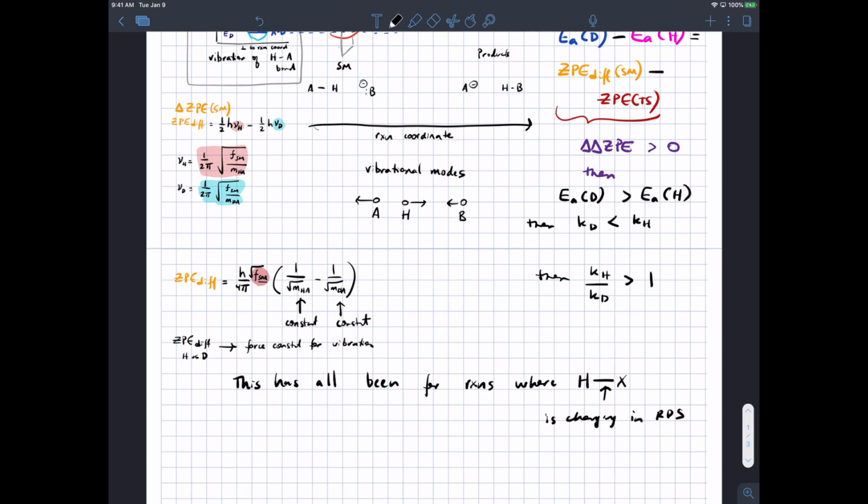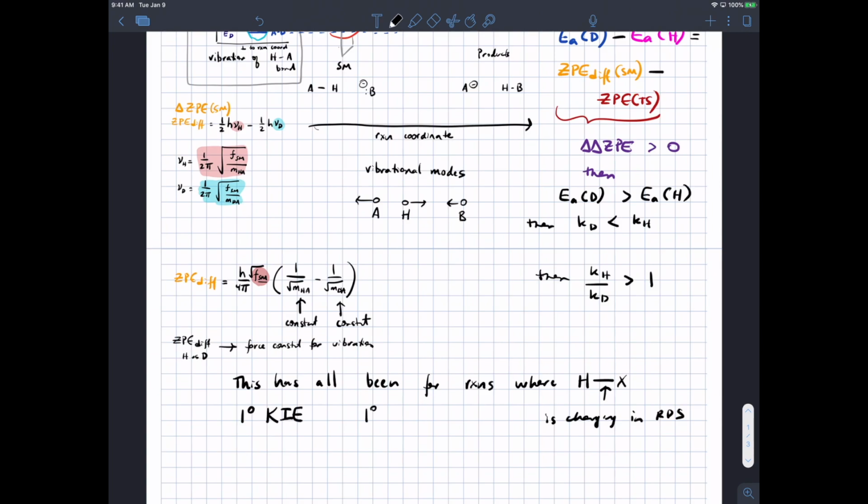And in those cases, we might observe a large kinetic isotope effect, and when it comes from a proton involved bond that's changing in the transition state, we call that a primary kinetic isotope effect.